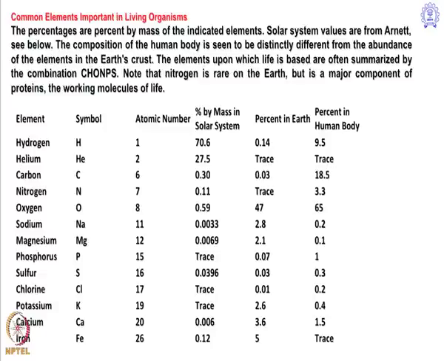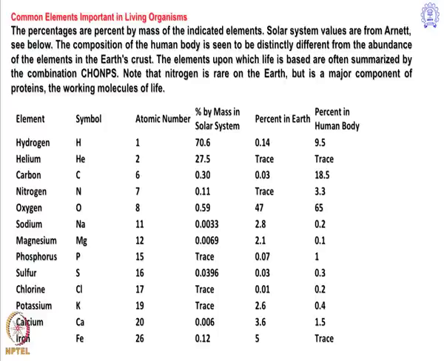That means almost 98% of the solar system consists of hydrogen and helium together, whereas its presence is very minimal, about 1.14%, in Earth, and interestingly in the human body, it constitutes about 9.5%.